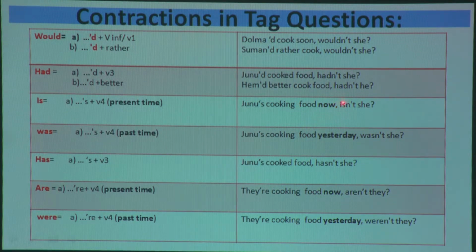With a present time adverbial it isn't there. And 's plus V3 means past participle, so cooked, hasn't. So are with present time or past time means aren't or weren't respectively. Now are you ready for the next, third slide?